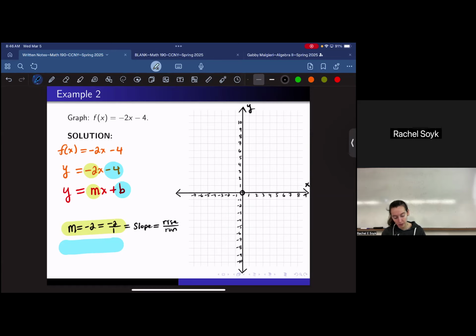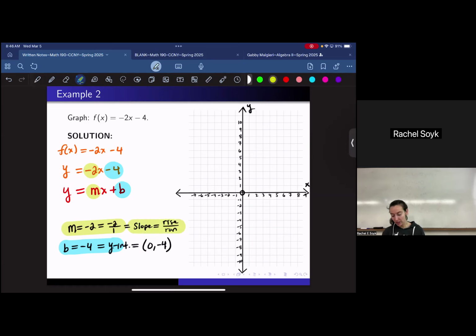What's our y-intercept? And what's our y-intercept as a coordinate point? 0, -4. Yes, 0, -4. Excellent.